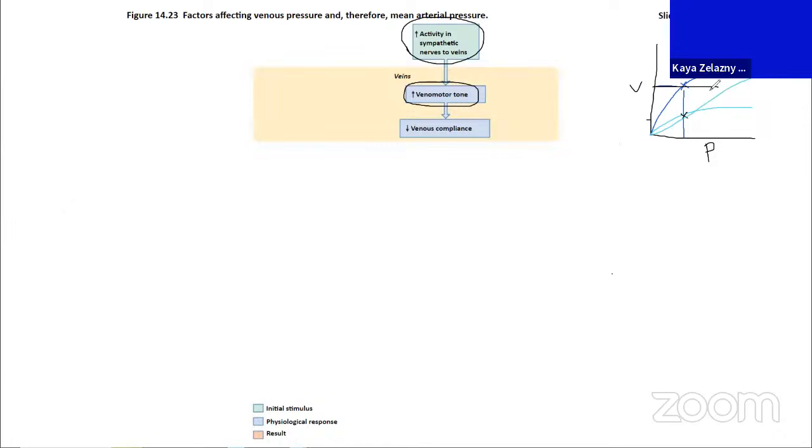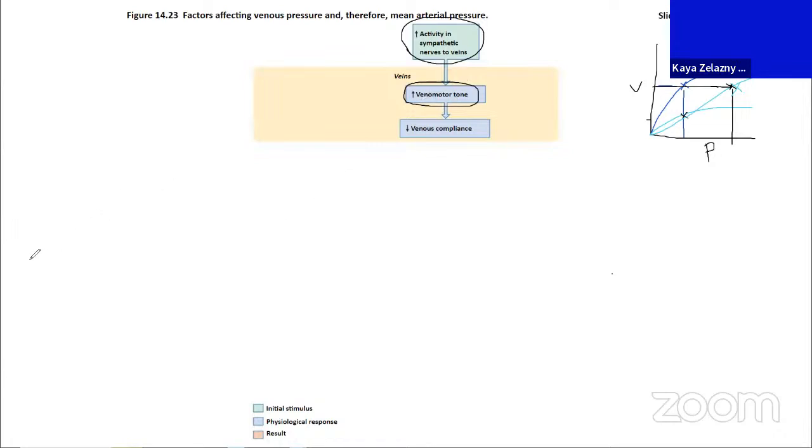Sorry, everybody. It needs to intersect both lines, because what we're going to notice here is that if we keep that same volume of blood, it creates low pressure in a highly compliant vein, but it creates a higher pressure in this vein that now has lower compliance due to an increase in venomotor tone.